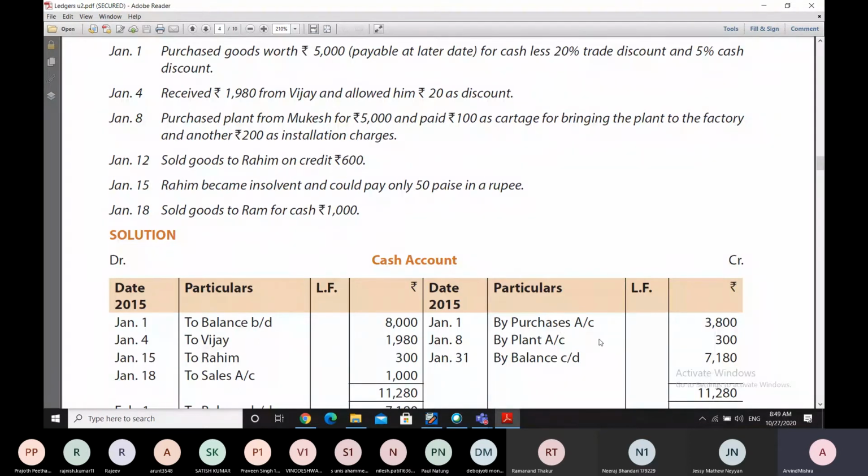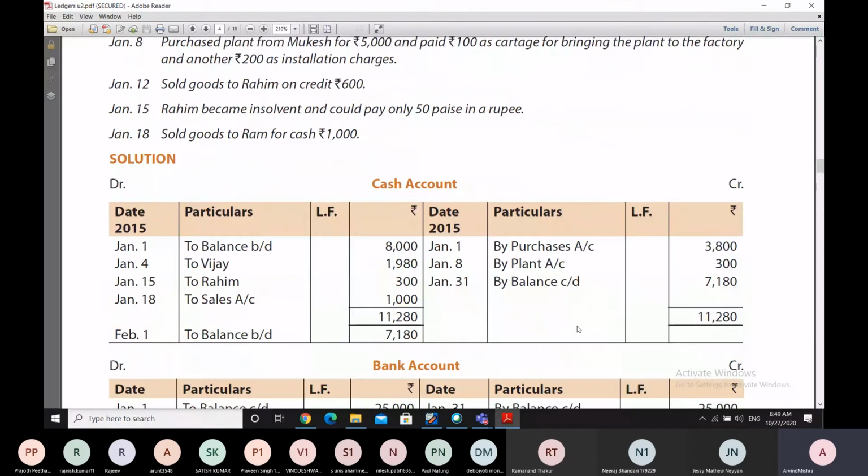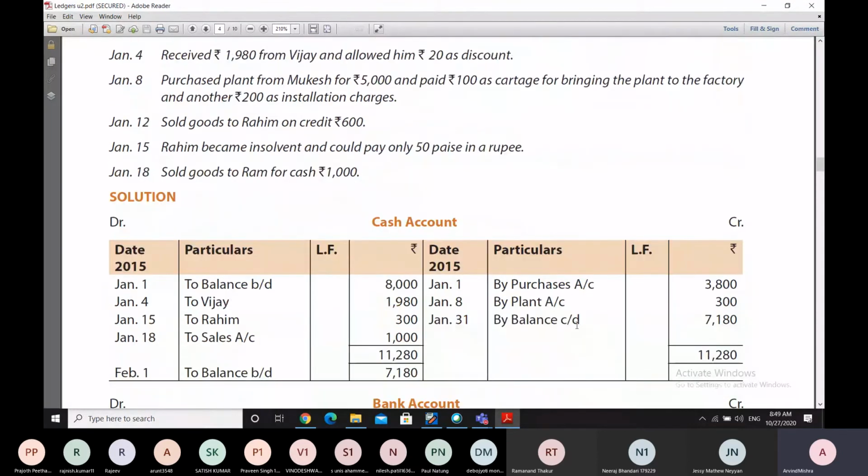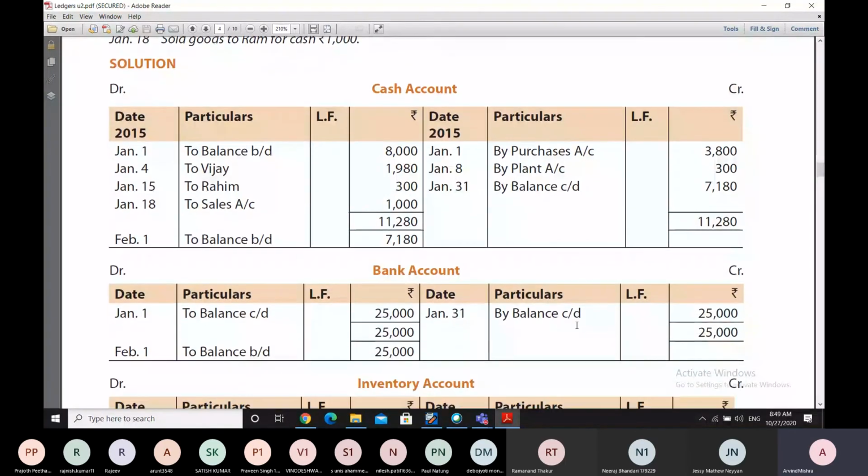We are crediting the cash account by 3,800, and we are also indicating that the corresponding debit entry will go into the purchase account. So if we look at the purchase account, while making an entry, both the entries can be made simultaneously so that both accounts get prepared simultaneously.